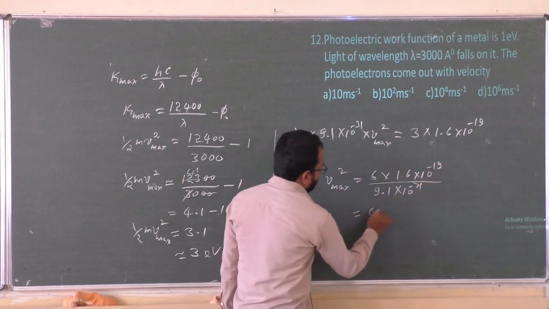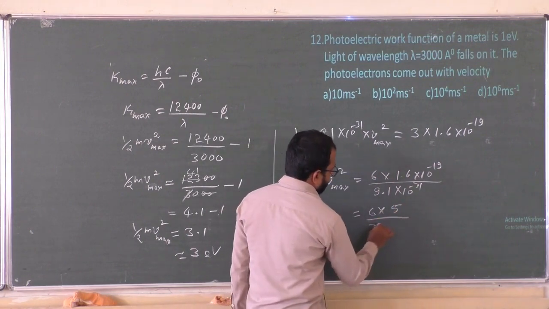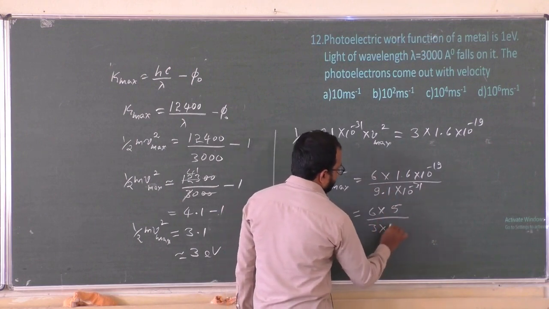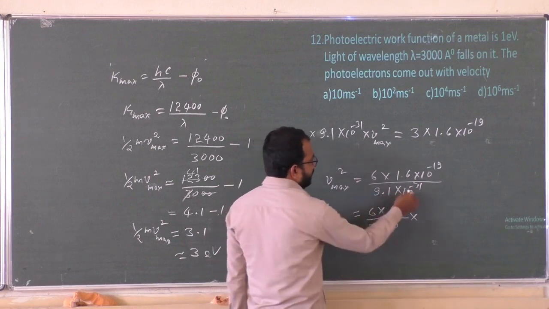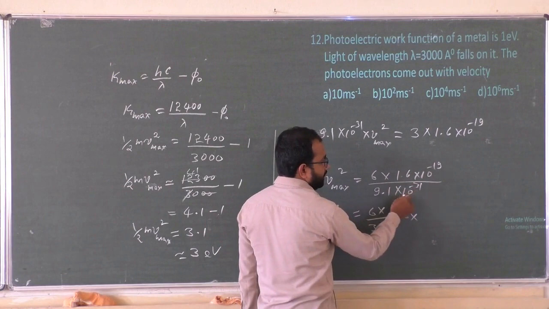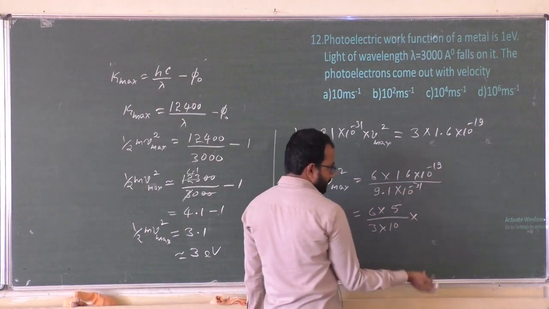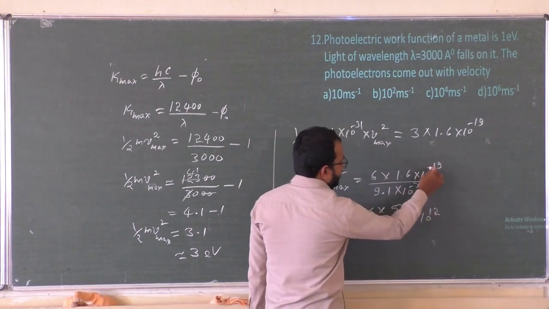So this is equal to 6 into 1.6 is nearly 10, divided by 9.1, so nearly it is 10, let it be 10. So this is 10 to the power of minus 19, in denominator 10 to the power of minus 31, numerator 10 to the power of plus 31. So therefore if we simplify, it is 10 to the power of 12.